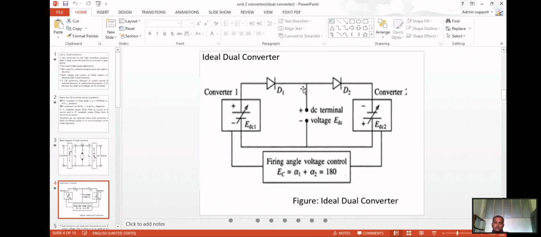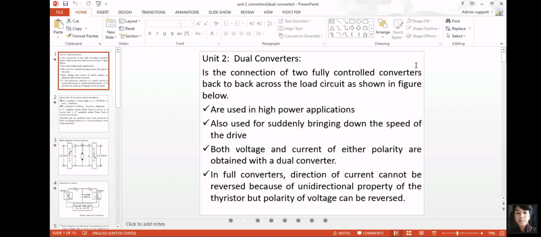This is used for high power applications. So if you are using a converter in a high power application, then you have to go for the dual converters. It is also used for suddenly bringing down the speed.